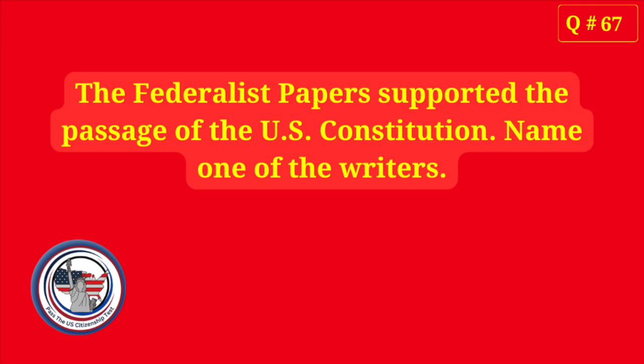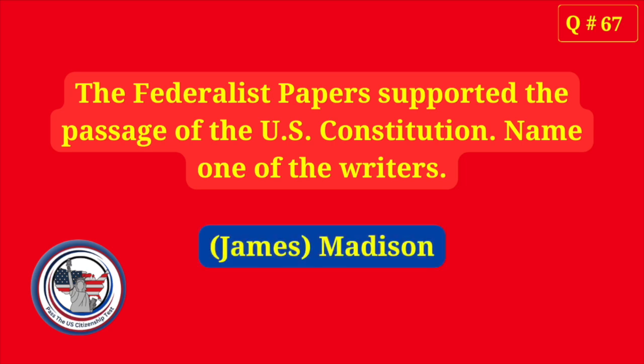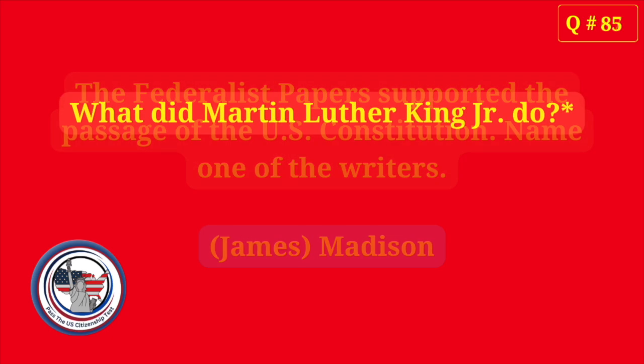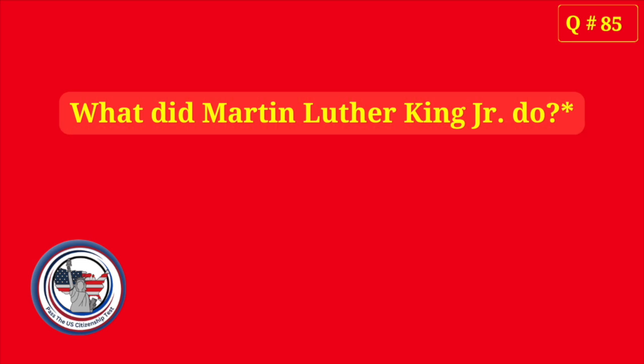The Federalist Papers supported the passage of the U.S. Constitution. Name one of the writers. James Madison. What did Martin Luther King Jr. do?